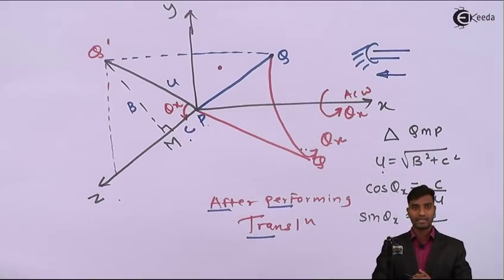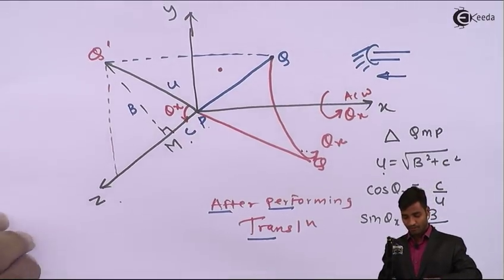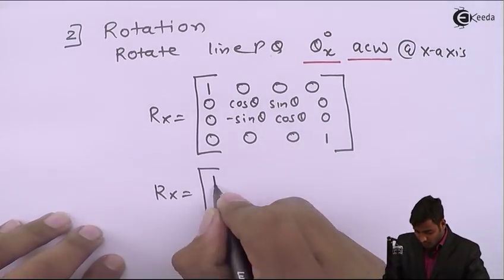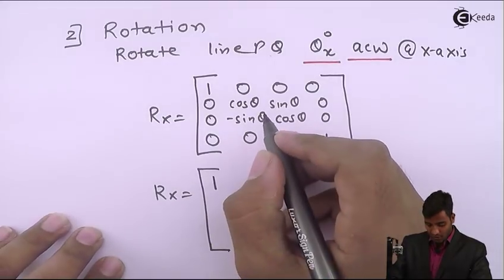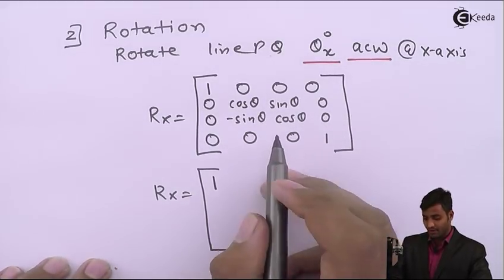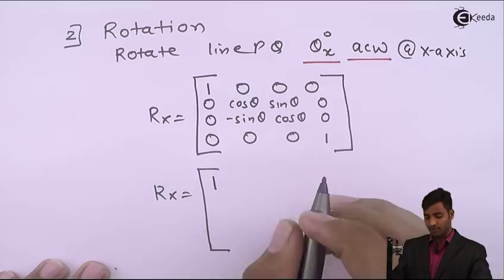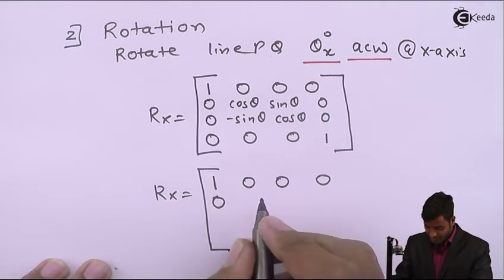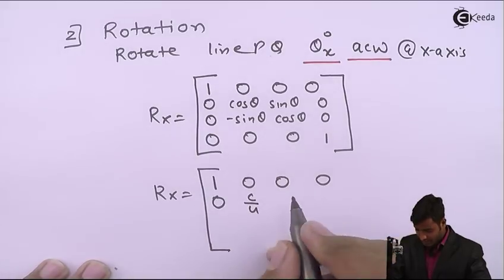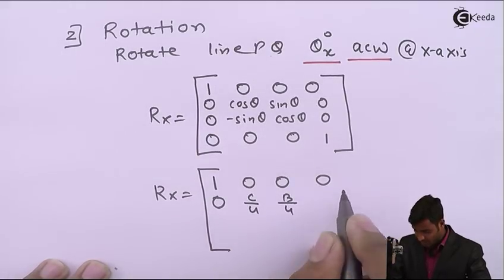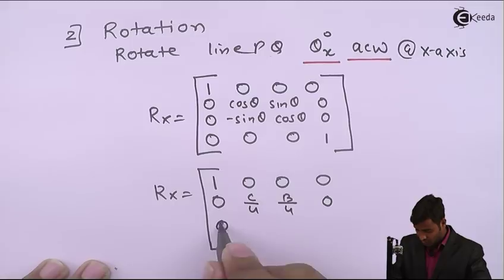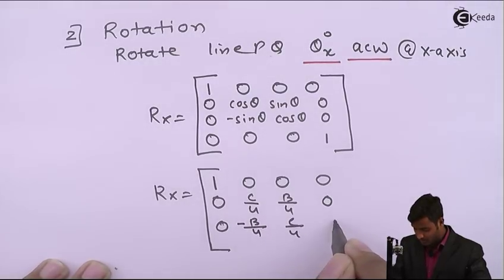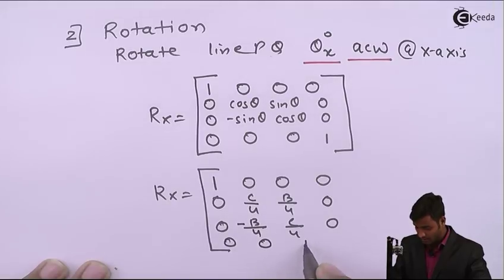So now we will use these relations. We will replace the value of cos theta as C by U and value of sin theta as B by U. So 1, 0, 0, 0. The value of cos theta is C by U, value of sin theta is B by U. This is 0, 0 minus B by U. This is C by U, 0, 0, 0, 1, 0, 1.